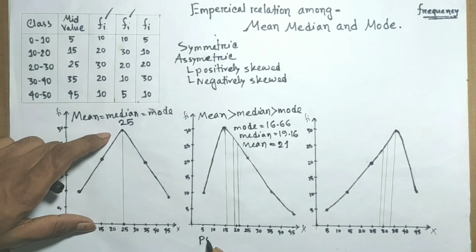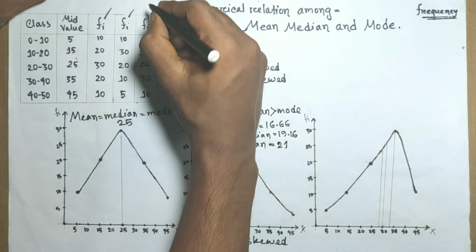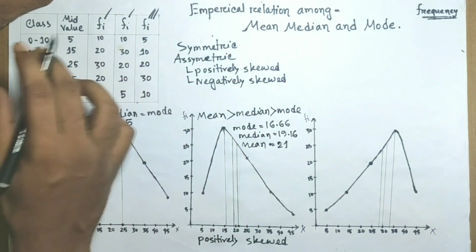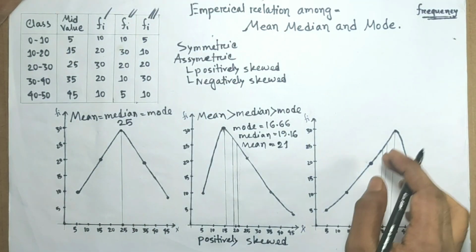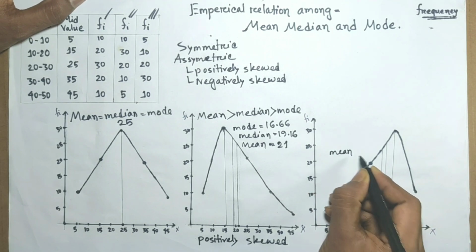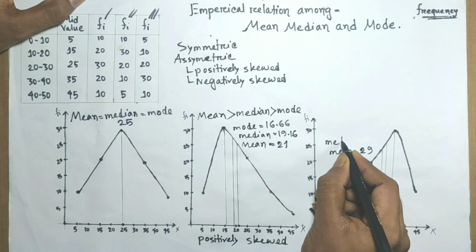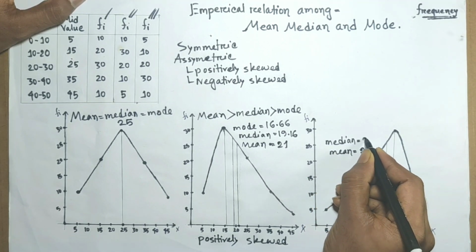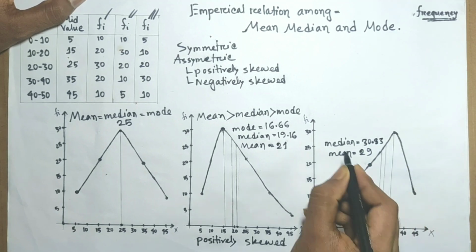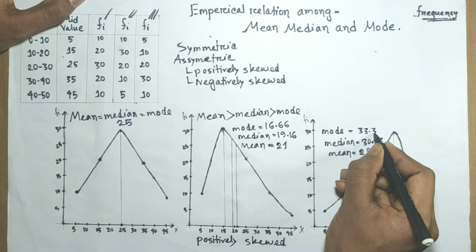Let's write down here, positively skewed. And for the last frequency column of this frequency distribution, we'll have a curve like this by drawing these points into the graph. If you measure the mean, median and mode, you'll have the mean equal to 29, the median equal to 30.83, and the mode of this distribution is 33.35.